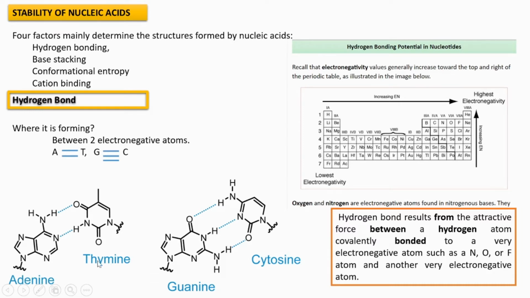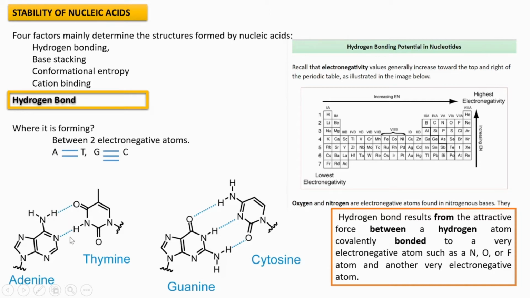One is adenine and the next is thymine, and between these two nitrogenous bases we can see this hydrogen that is bonded to an electronegative nitrogen, and its other end is bonded to another electronegative oxygen. So between this nitrogen and oxygen, with the help of that hydrogen, which bond is forming?